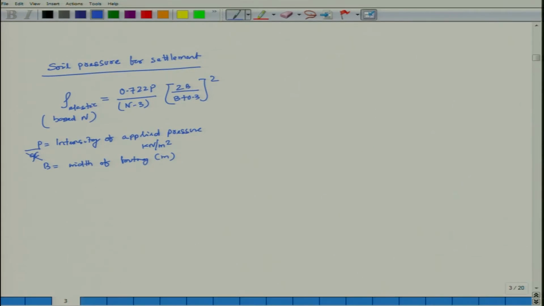Say for example, let us say settlement is equal to 1 mm. Then the soil pressure from this equation you can calculate: P is equal to 1.385 (N minus 3) into ((B plus 0.3) by 2B) whole square.